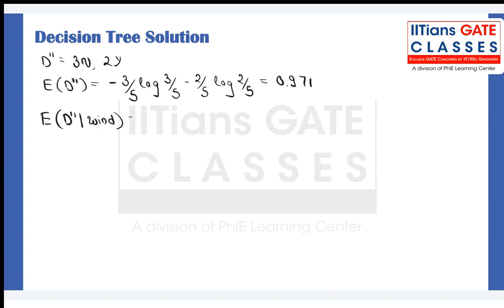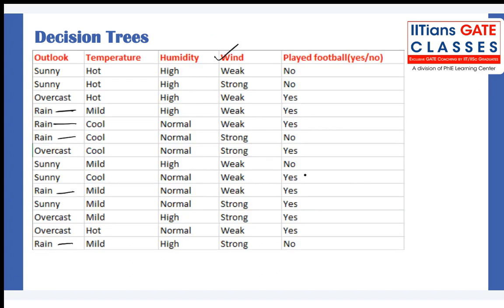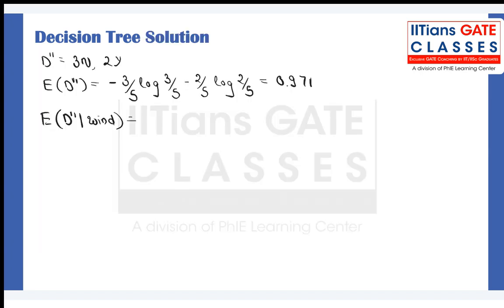So entropy of D double dash given the wind is nothing but a weighted average. You are in rain, so there are 3 weaks and 2 strongs. So 3 by 5 entropy of D double dash given it is weak, plus 2 by 5 entropy of the data set D double dash given it is strong.